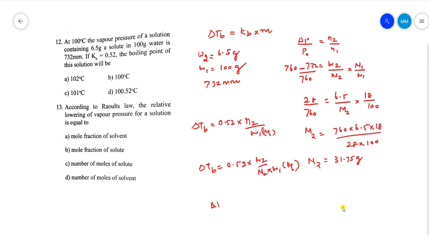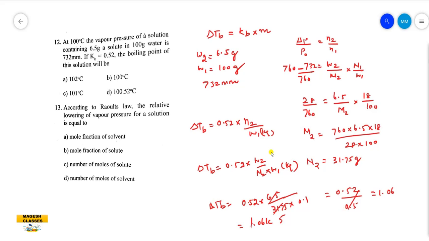By substituting, del Tb is equal to 0.52 into W2 is 6.5 and M2 we have calculated 31.75 into W1 in kg, it is 0.1 kg. So the 6.5 is cancelled, and 5 into 5 is 0.5. So 0.52 divided by 0.5 will be 1.06. Delta Tb is 1.06 Kelvin.